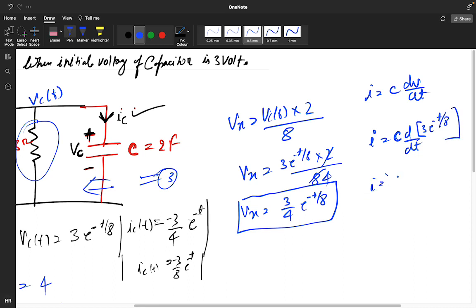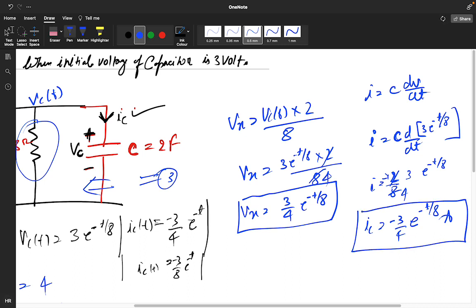So the I value is 2 into 3, and we can take e power minus t by 8 divided by 1 by 8, minus 1 by 8. So you will get IC value is minus 3 by 4 e power minus t by 8 ampere. So this value you will get.